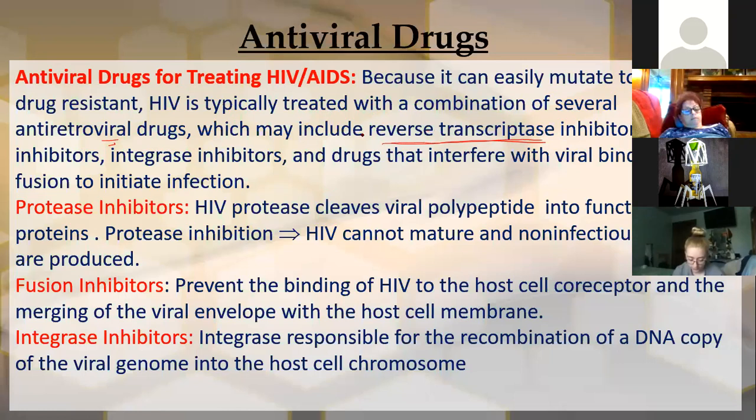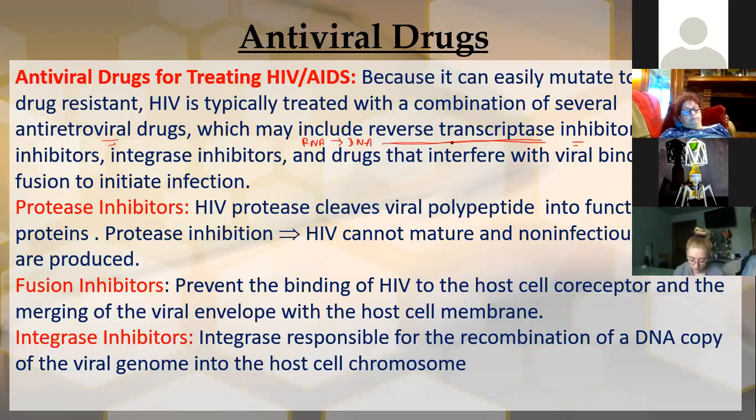It means that enzyme helps them to make DNA from RNA. So if we can stop the function of that enzyme, that's the reverse transcriptase inhibitors. To do that, just one drug is not enough. We actually have a combination of different drugs.